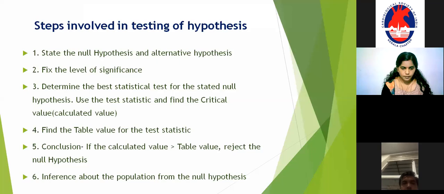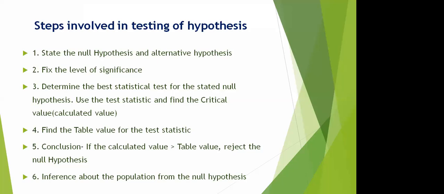If the researcher says there is a relationship between these two variables, or there is a difference between these two variables, the null hypothesis is a negative or neutral statement against his statement, which says there is no relationship between those two variables, or there is no difference between those two variables. That is called the null hypothesis.